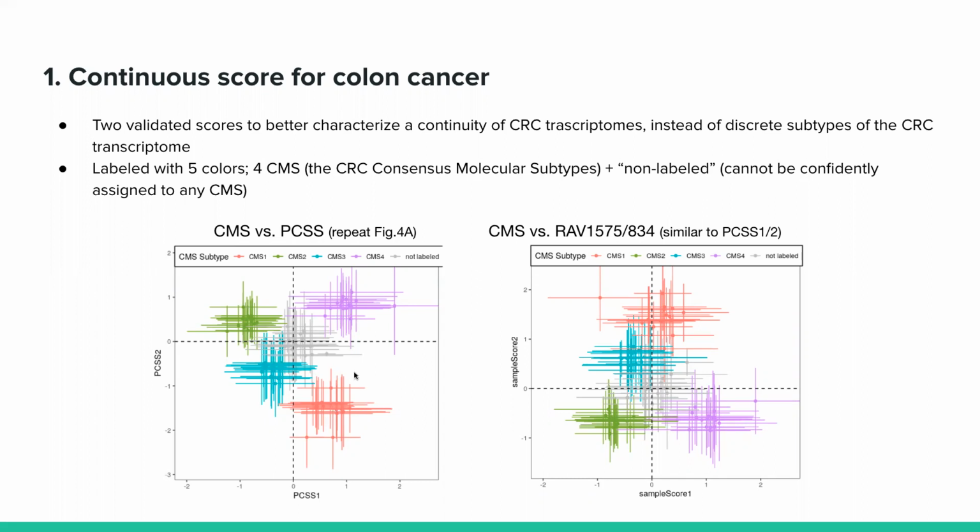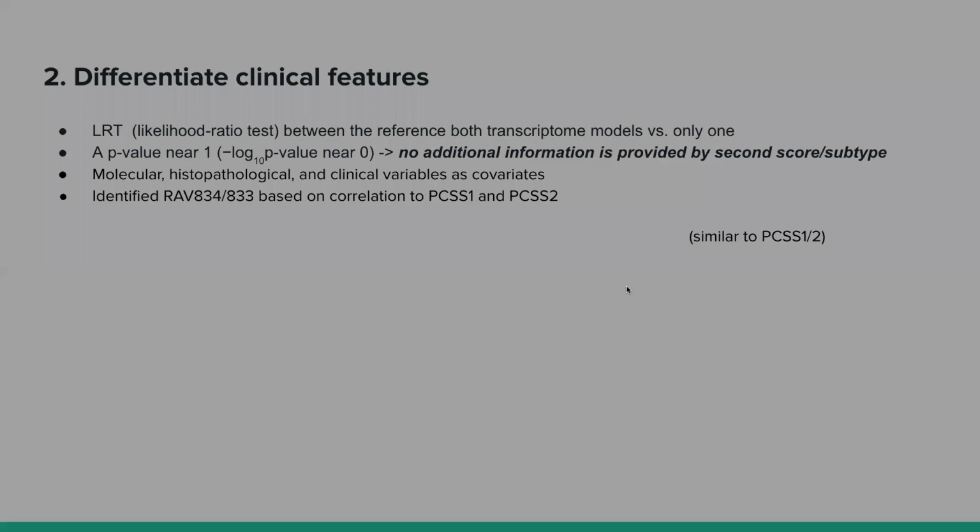So just to say that with that study and with ours, with these 2 RAV axes that we identified through the validate method as being similar to those PCSS 1 and 2 scores, both of these are closely related to the discrete subtypes.